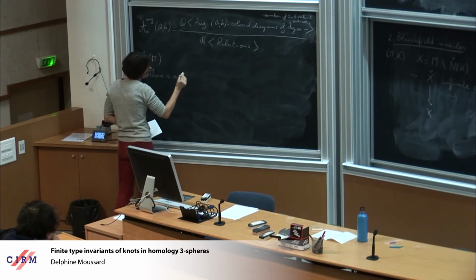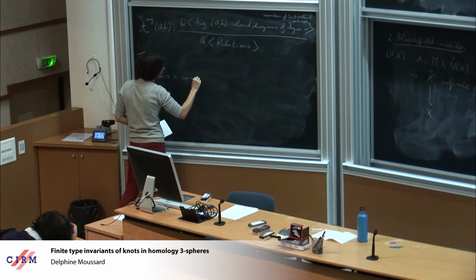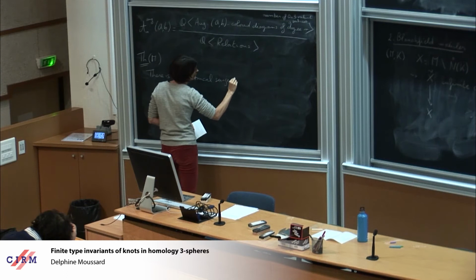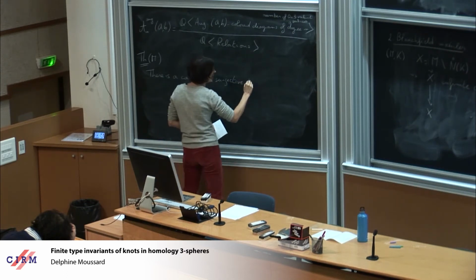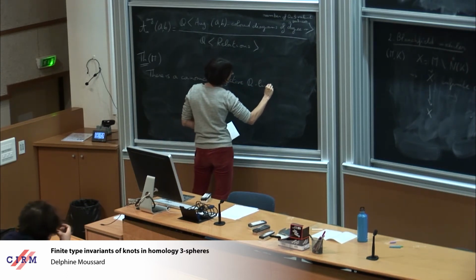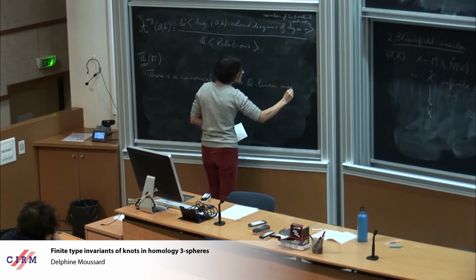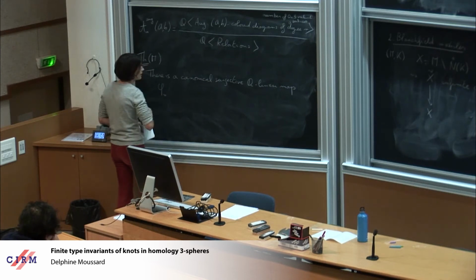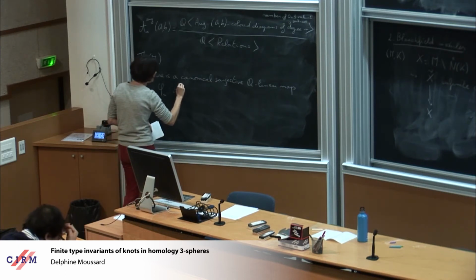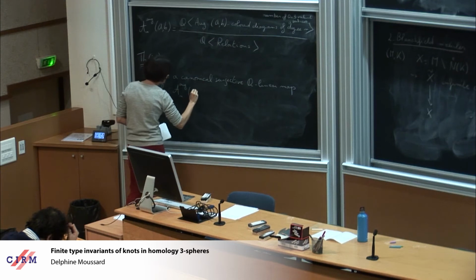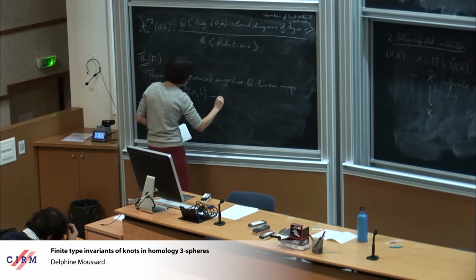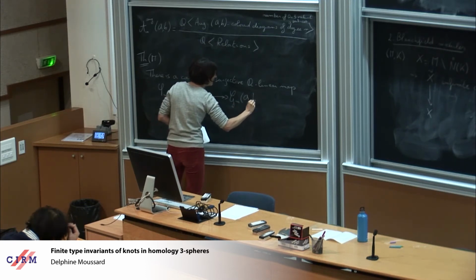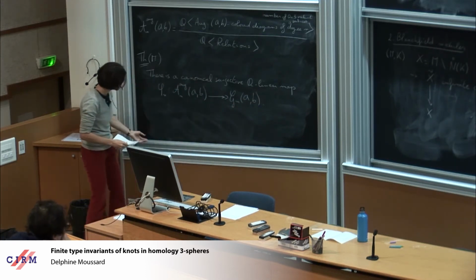There is a canonical surjective Q-linear map phi n from A_n^og of AB to G_n of AB.